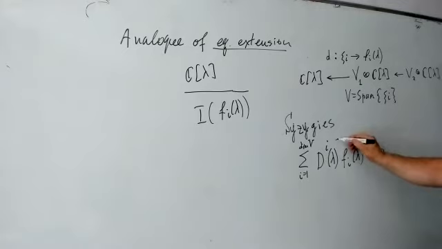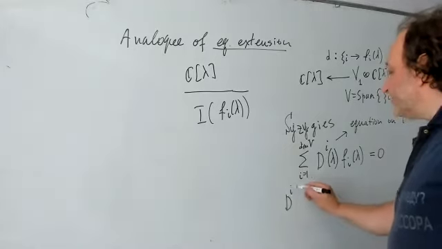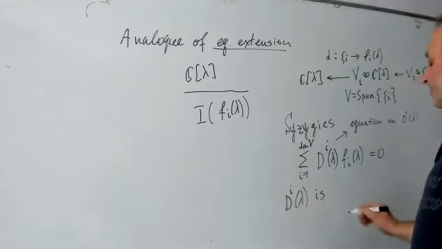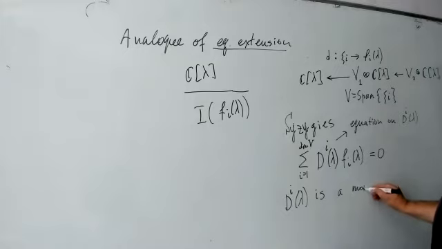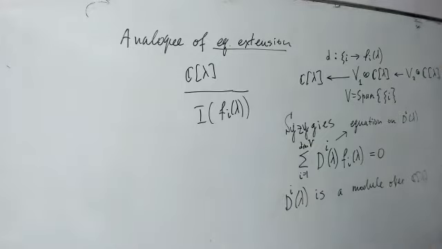So it's an equation on D. And it's clear that it is a module over C of lambda. Actually, I can multiply it by any function of lambda. It will still be a solution.